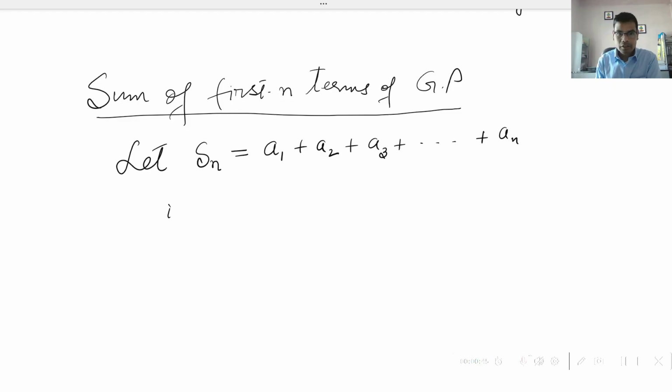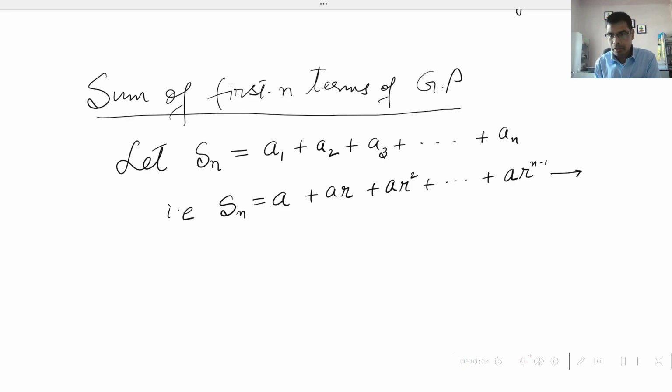If we replace A1 as a, the second term will be a r, third term a r square, and the last term, the nth term, will be a r to the power n minus 1. Let us denote this by 1.